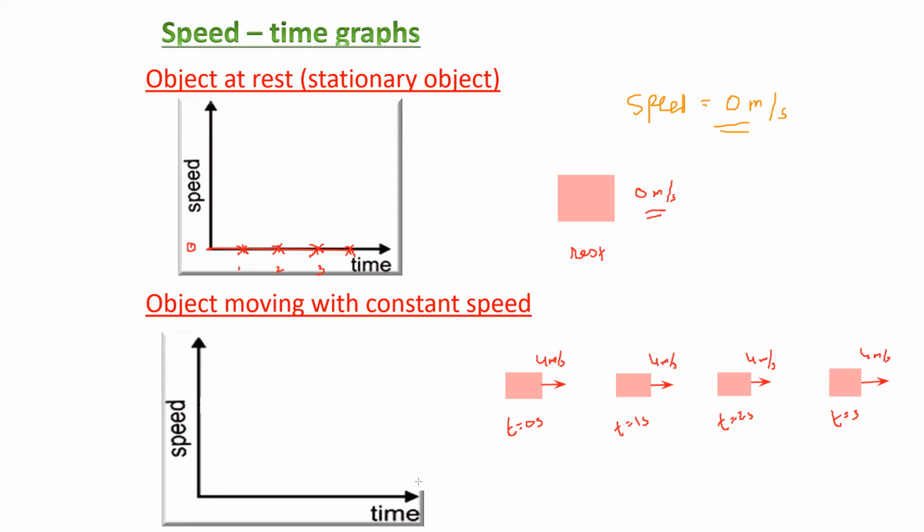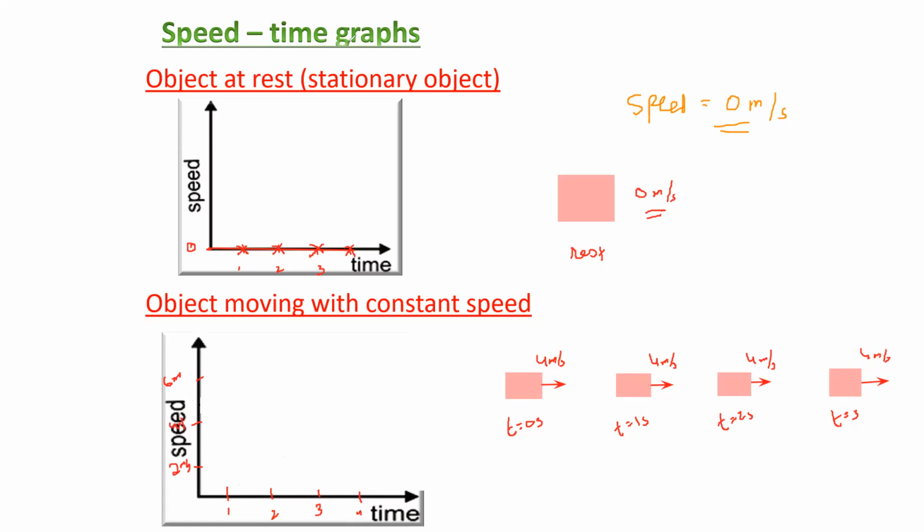So when we label the axes, time is equal to 1, 2, 3, and 4. And on the y-axis we have speed. So speed, for example, this is 2 meter per second, then 4 meter per second, and then 6 meter per second.